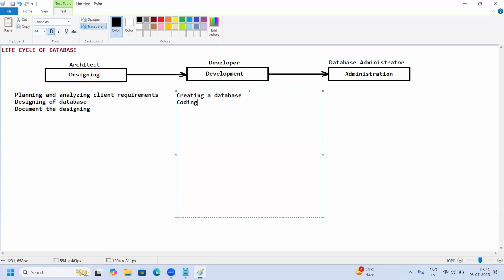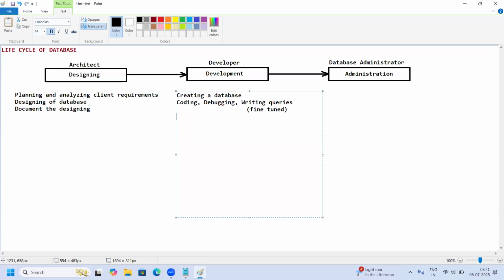We go with coding, we go with debugging, and we go with writing queries. Writing what queries? Which queries? Here it is important: the queries should always be fine-tuned queries. Coding, debugging, writing queries.